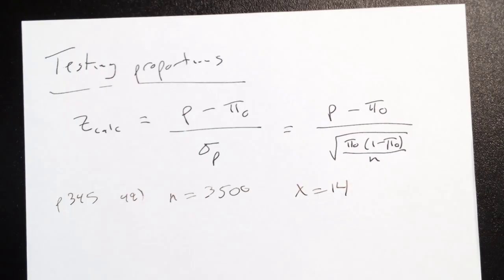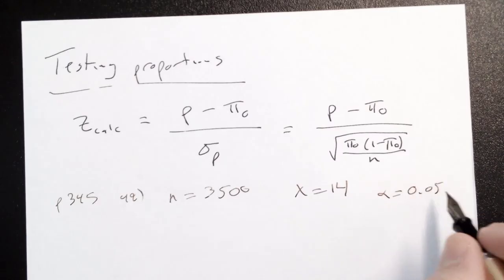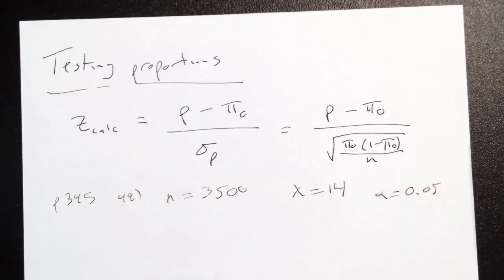At a 0.05 sensitivity, alpha equals 0.05, is this sufficient evidence to reject future shipments if the hospital quality control requires 99.7%?